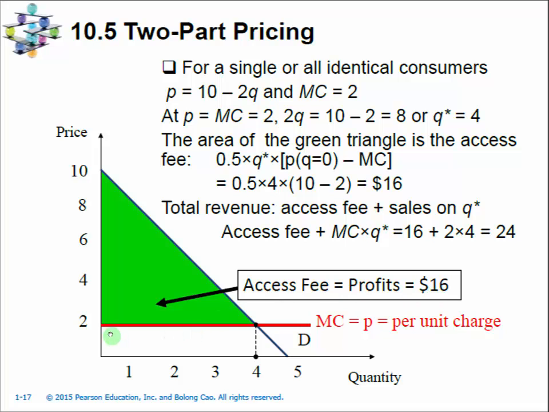The total revenue will be the excess fee plus the revenue from per unit charge. We are selling 4 units, each unit for $2, totally $8. So $8 plus $16, we have $24 as the total revenue.